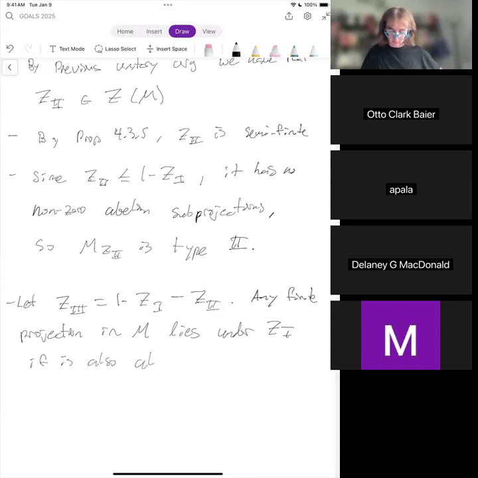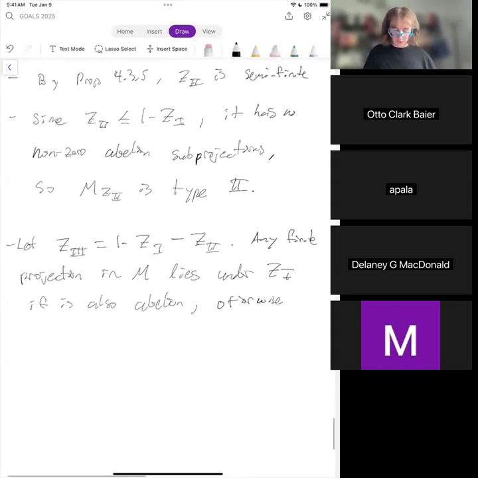Also, and then otherwise, the finite projection will lie under Z2.